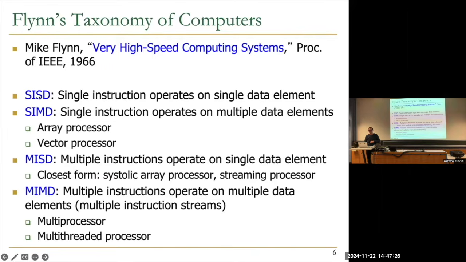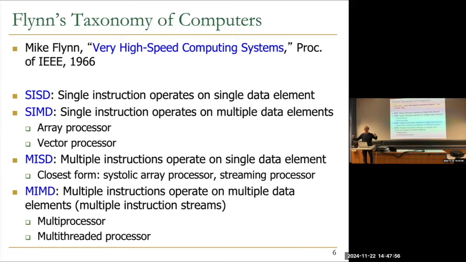In this 2x2 matrix, one part is single instruction, single data processors. In this case, a single instruction operates on single data elements, a scalar. Another way of putting it is you have a single instruction operating on scalar data elements. It's a scalar processor. It's good to think about it that way. Clearly, it's not necessarily a single data element, you may have multiple operands.